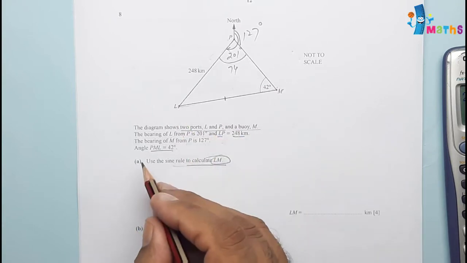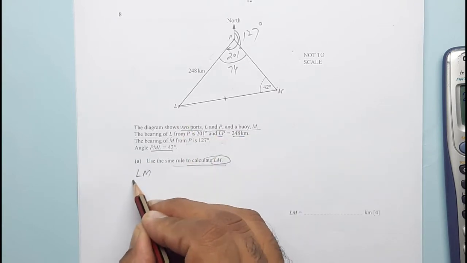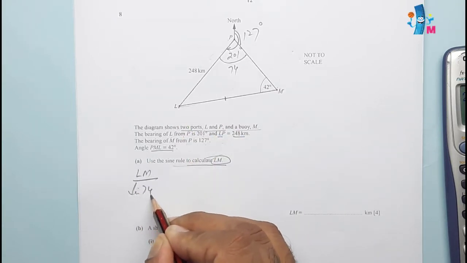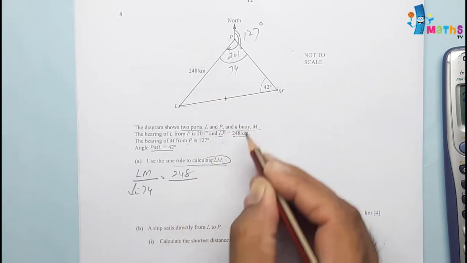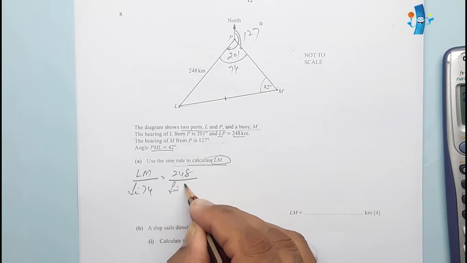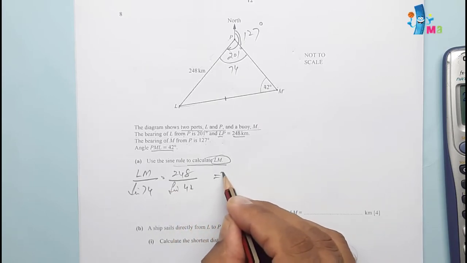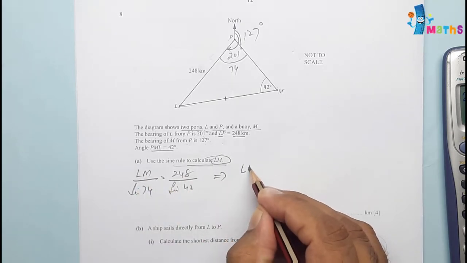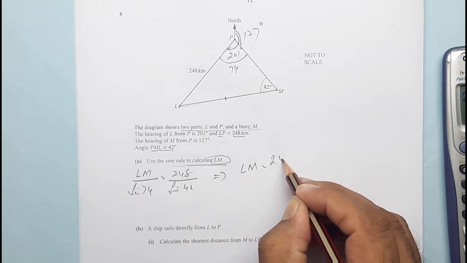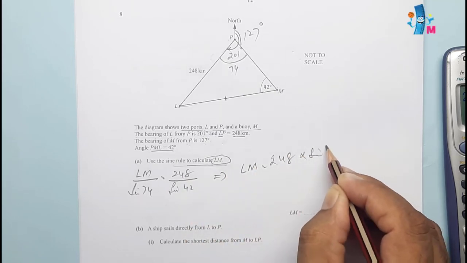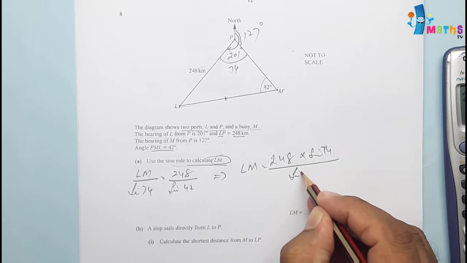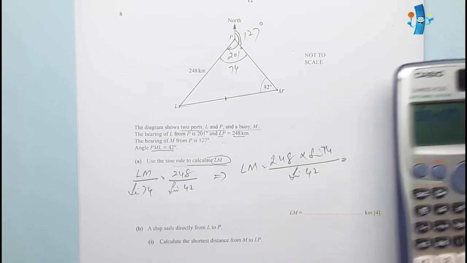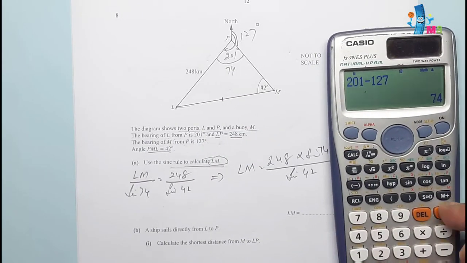So LM divided by sine of 74 will be equal to 248 divided by sine of 42, and this implies we can directly write LM is equal to 248 into sine 74 divided by sine of 42, and this value we can calculate.